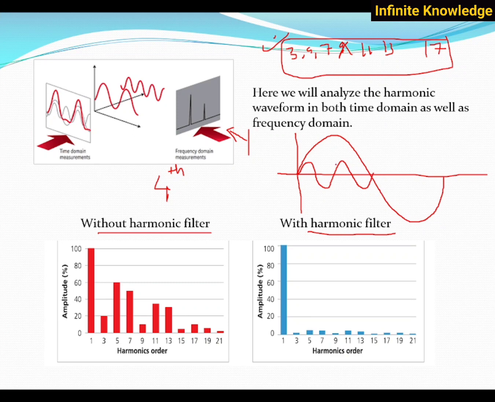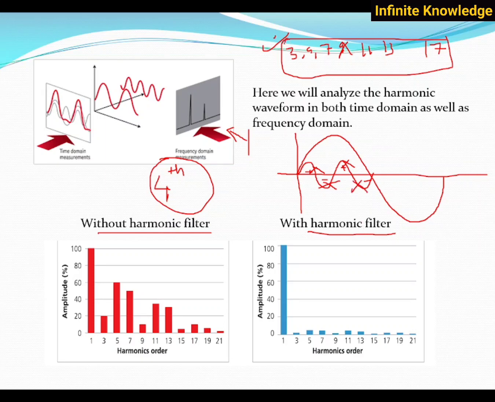What happens with the fourth harmonic? There is a positive amplitude and a negative amplitude. Every time, the positive amplitude is cancelled by the negative amplitude, these two effects cancel each other out, and finally we don't get any resultant waveform.